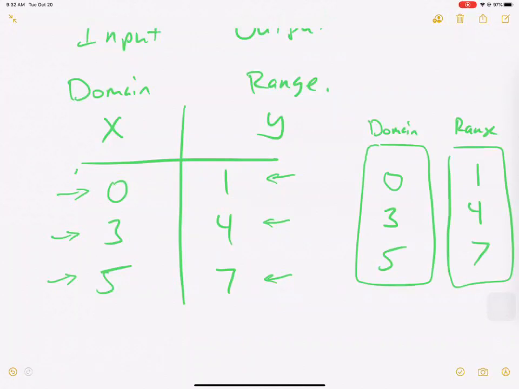And we're going to visually draw a relationship. 0 goes to what number? 0 goes to 1. What number does 3 go to? 3 goes to 4. What number does 5 go to? 5 goes to 7.